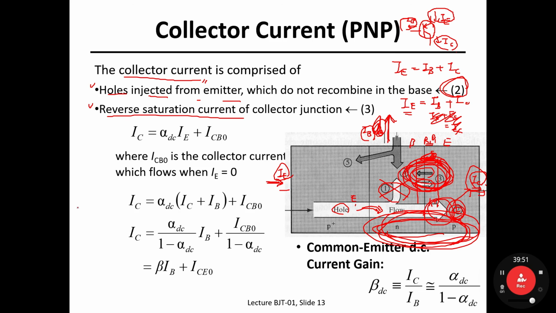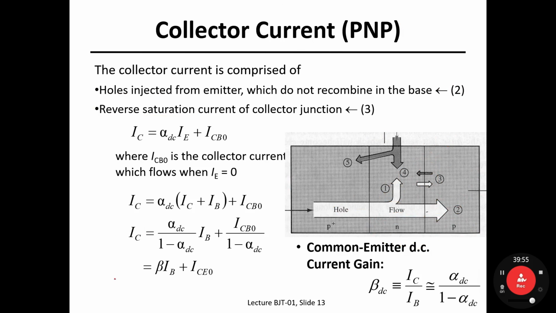Okay, so now let's write down the equation for the collector current. We would like to write down IC with two current components. So here number 3 is denoted as here. In a PN junction diode, the saturation current is denoted as I sub naught.